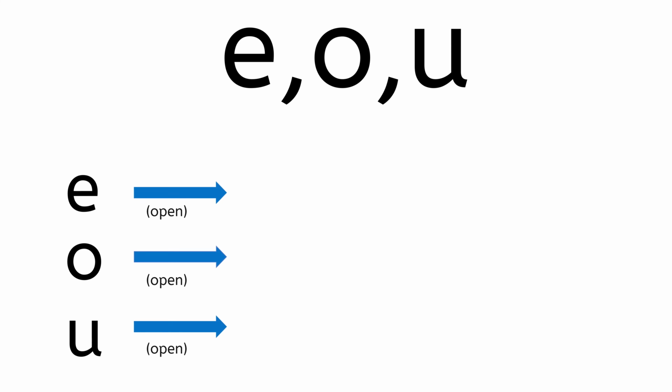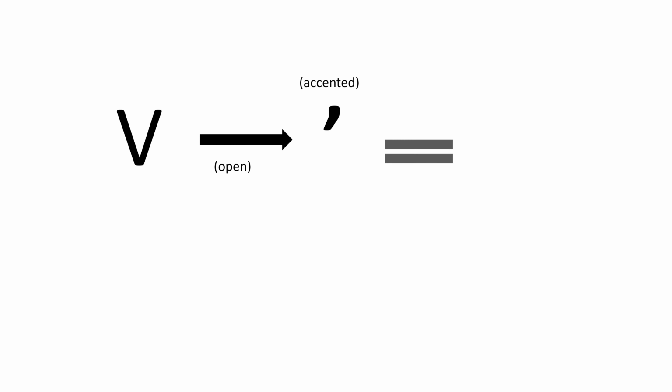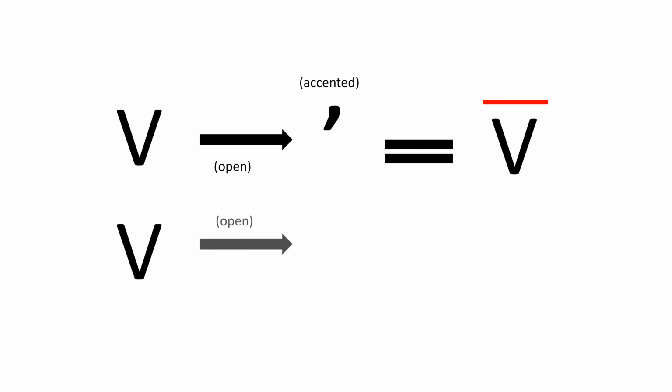The letters E, O, and U in an open, unaccented syllable are half long. So let's review. A vowel in an open, accented syllable is going to make the long vowel sound. A vowel in an open, unaccented syllable, that vowel sound is going to vary depending on which vowel it is.